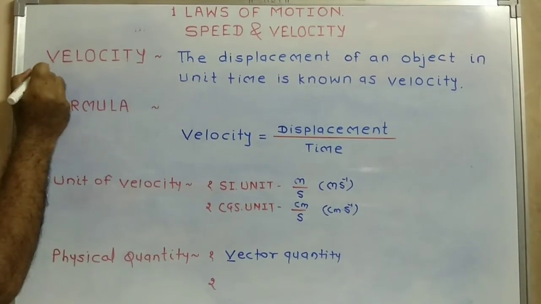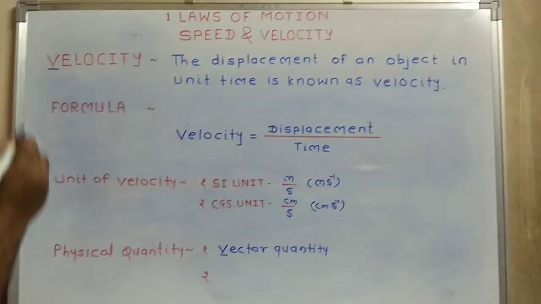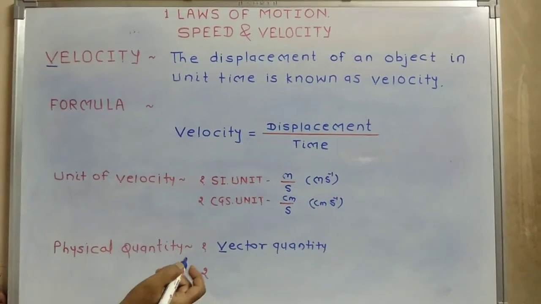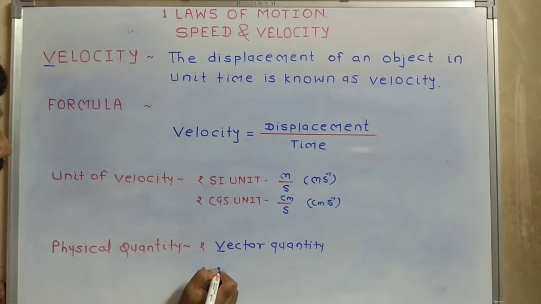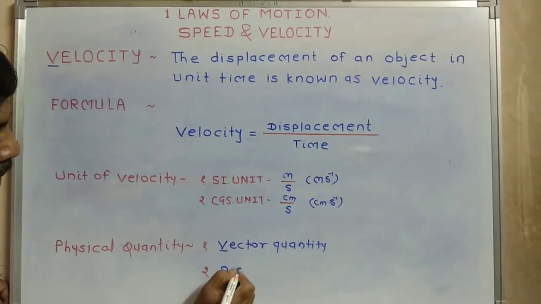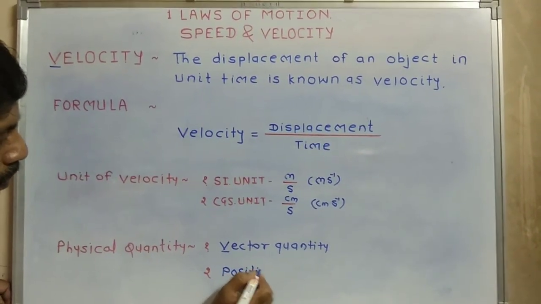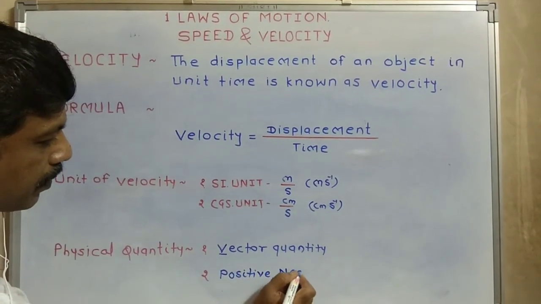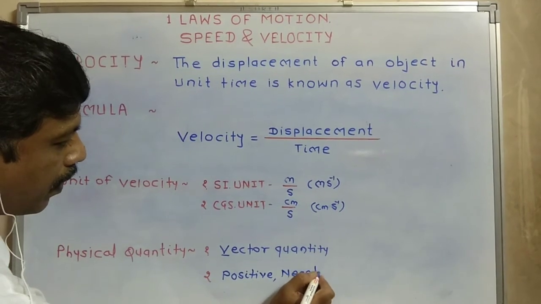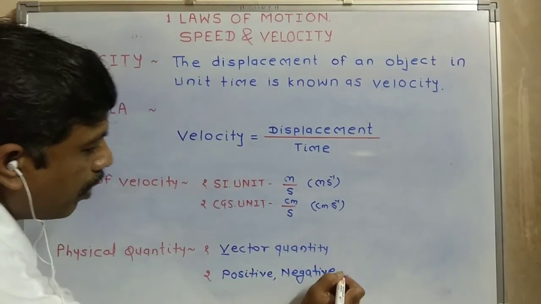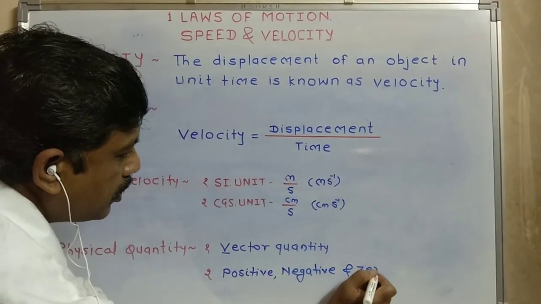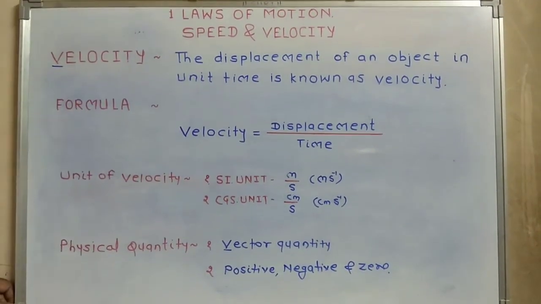You can remember this by the letter V. Thus, velocity is a physical quantity. We can measure it. Therefore, it may have which values? It may be positive, it may be negative, or it may have 0 value.